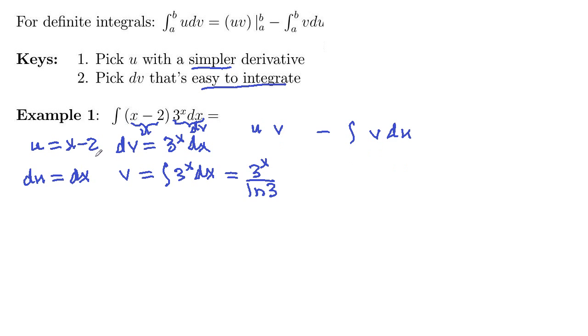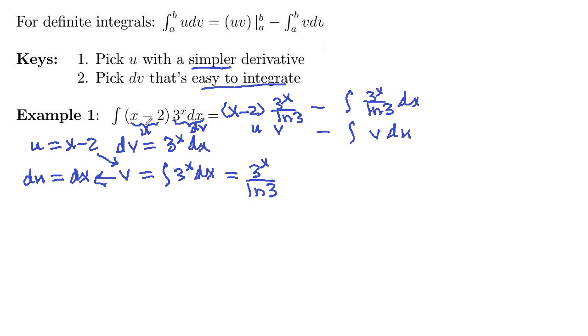So our uv is x minus 2 times 3 to the x over ln 3, minus the integral of v du, which is the bottom row here: 3 to the x over ln 3 times dx. And lo and behold, this is now an easier integral than what we started with.